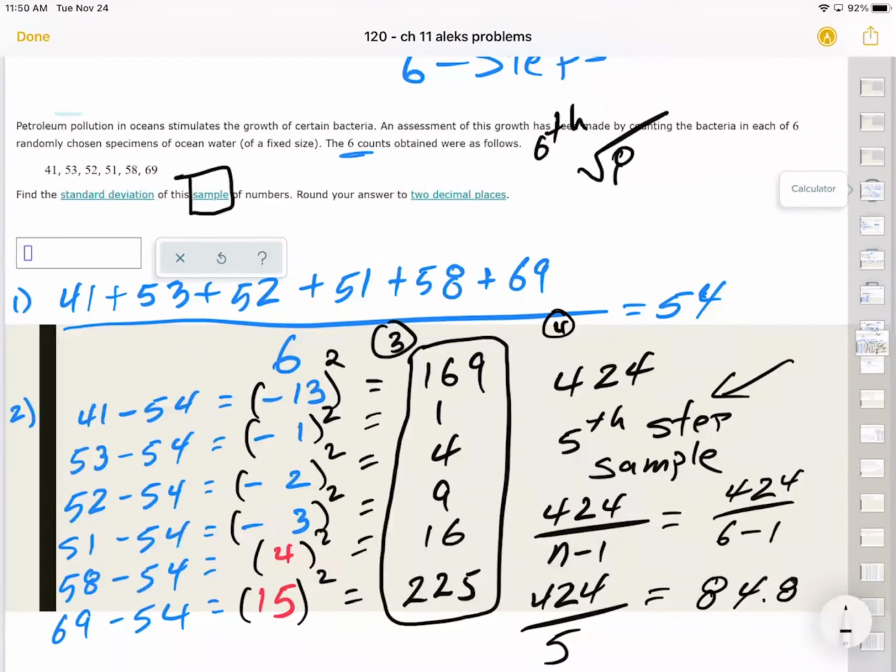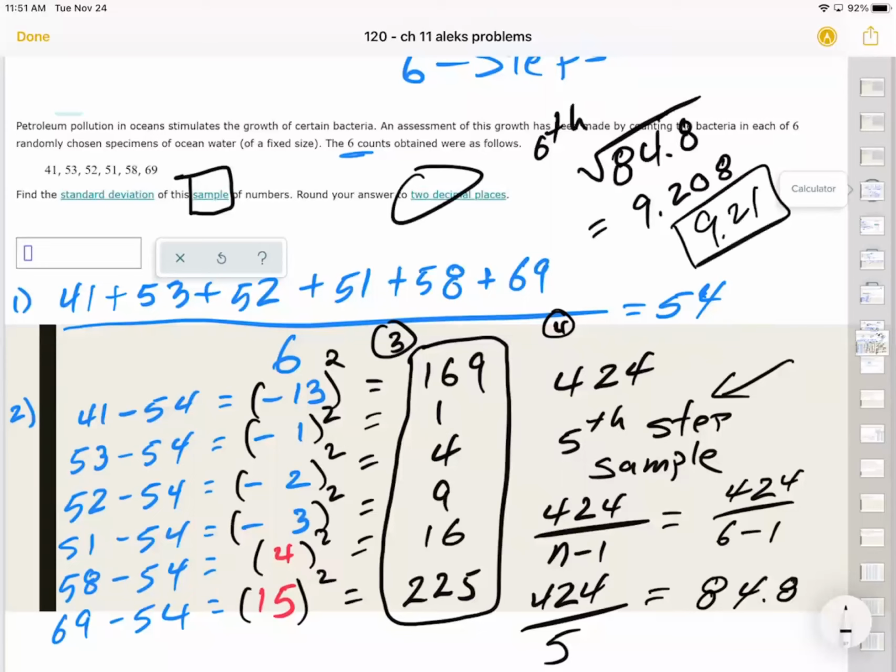If you take a square root of 84.8, 9 point something, right? 81 is 9, so 84.8, 9.2, 9.208, so 9.2, 2 decimal places, so 9.21, right?